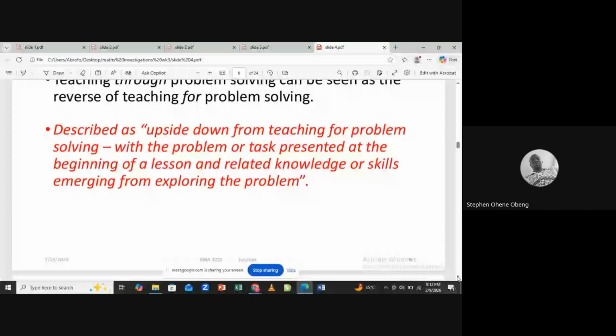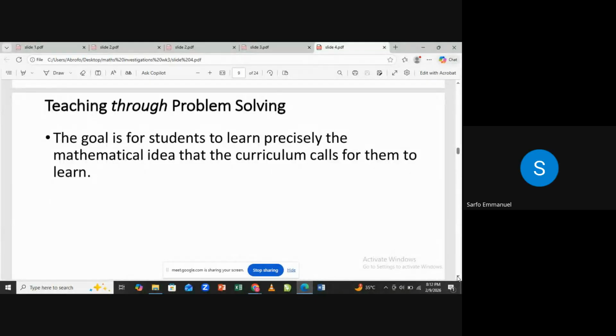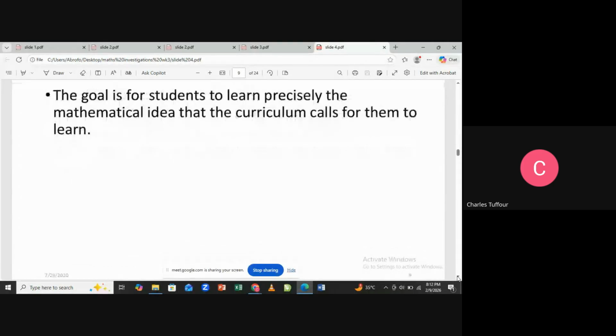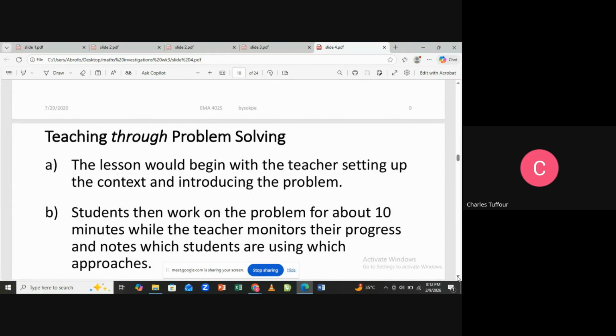The goal is for students to learn precisely the mathematical idea that the curriculum calls for them to learn. The lesson would begin with the teacher setting up the context and introducing the problem. I hope that this one, the A, has made my point clear.